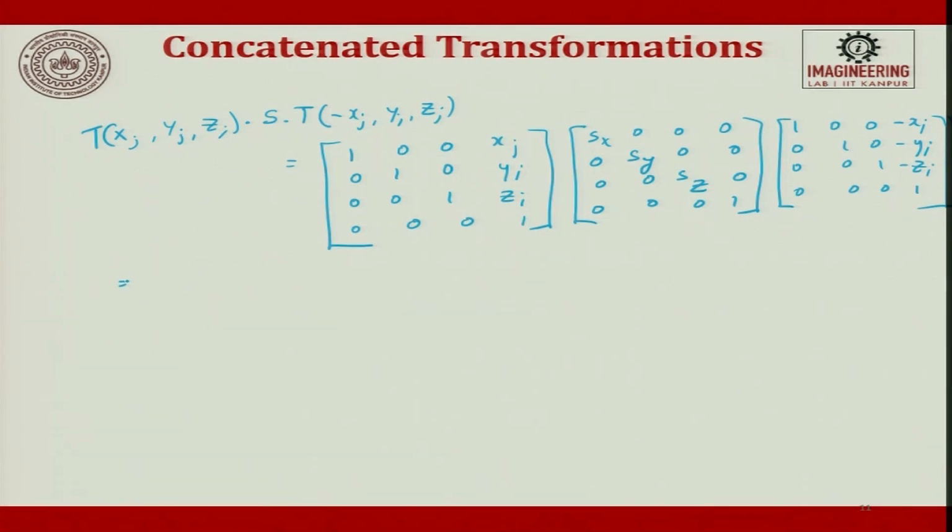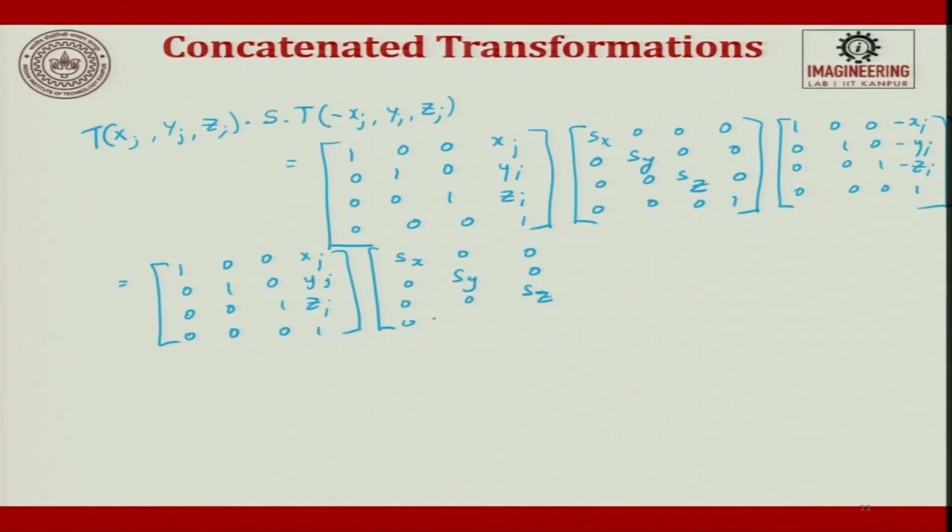So, this is represented as 1 0 0 xj, 0 1 0 yj, 0 0 1 zj, 0 0 0 1, multiplied by the scaling matrix and the translation by minus xj, minus yj, minus zj.